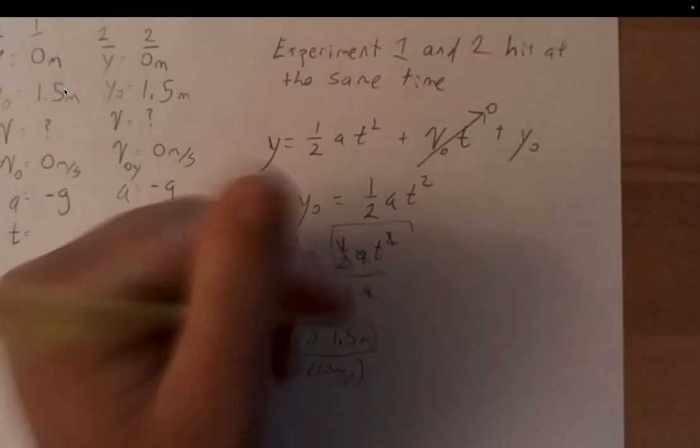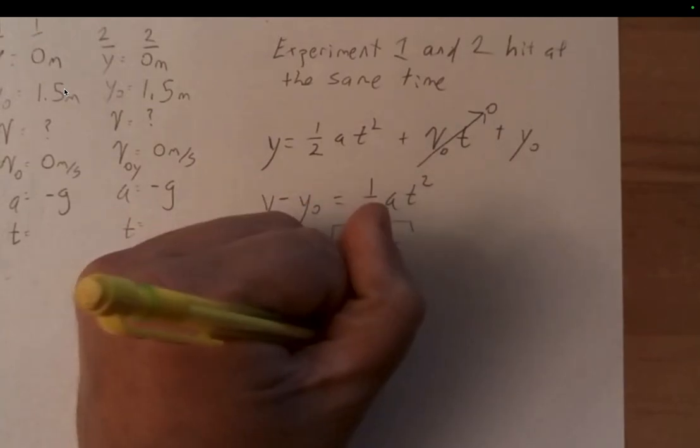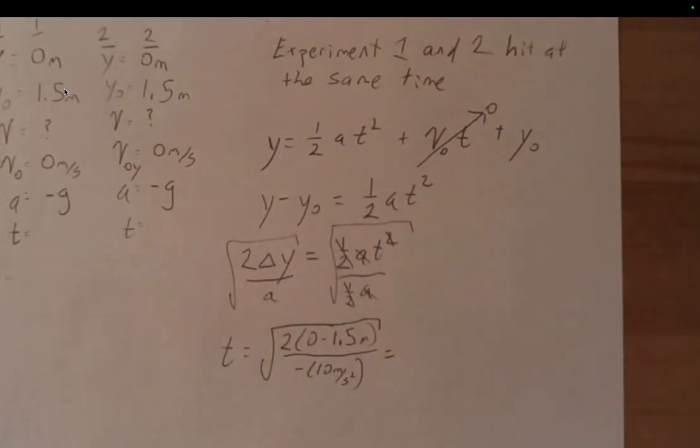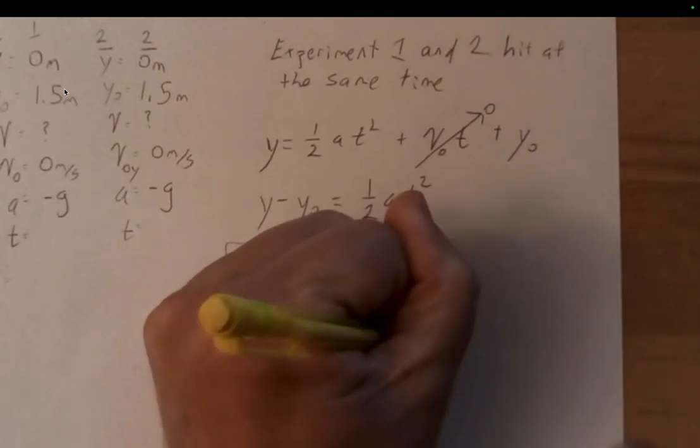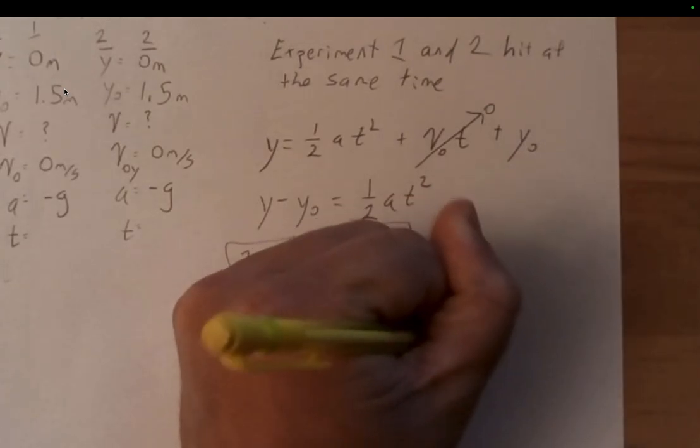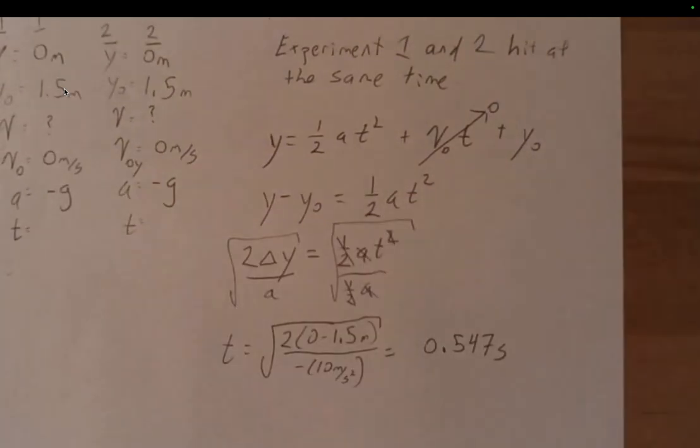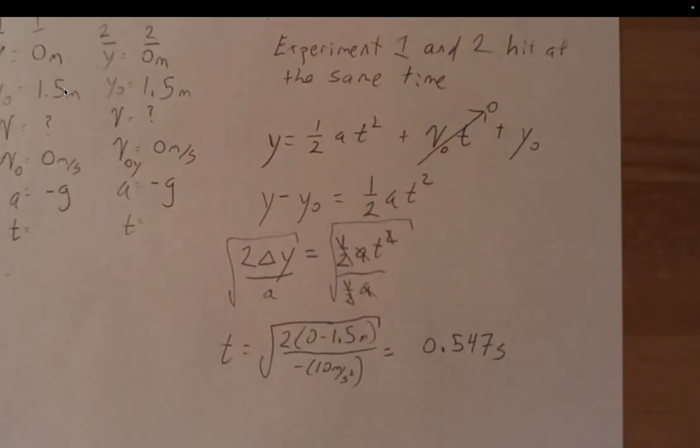Then we type it into our calculator and we get about 0.547 seconds. So now we know the time that it takes to fall.